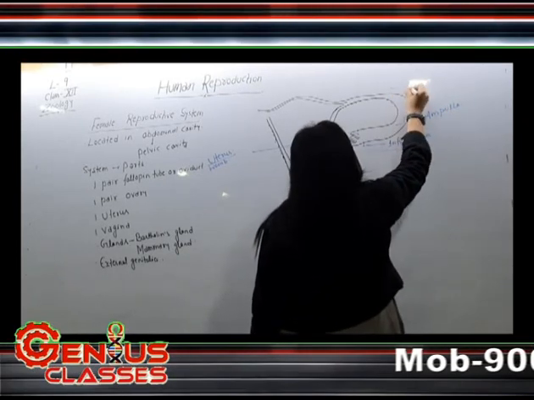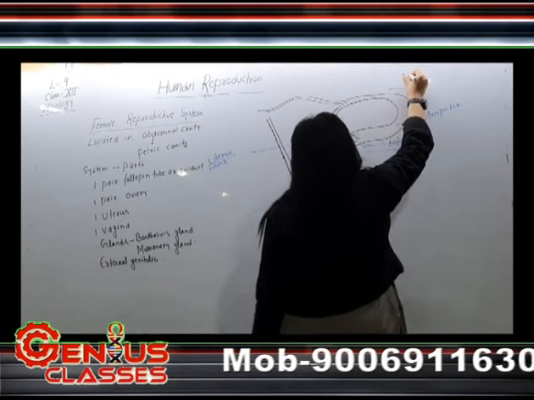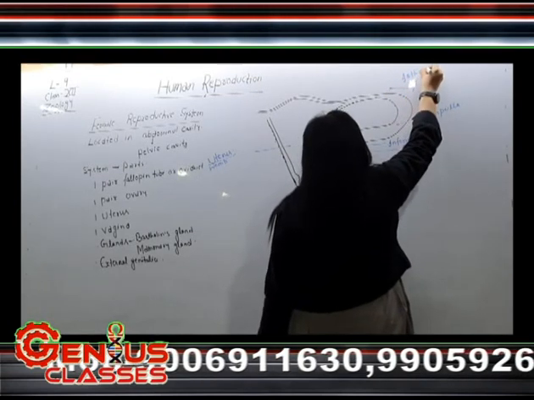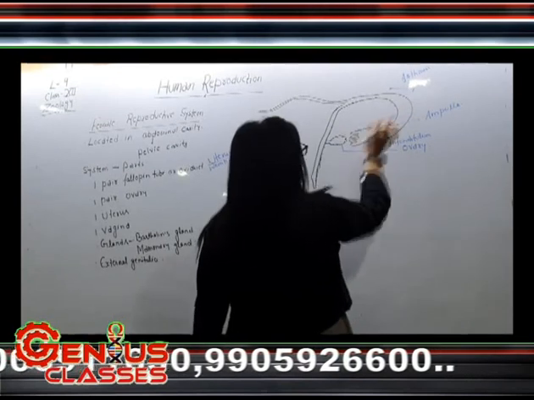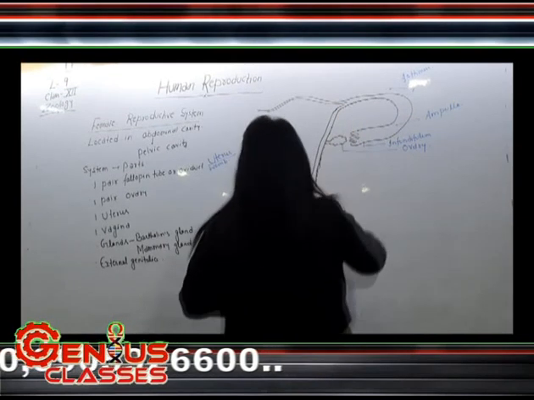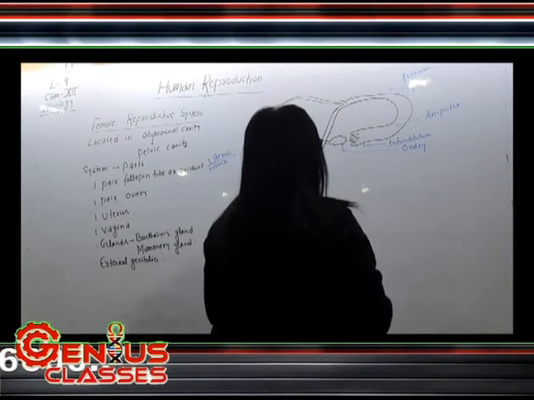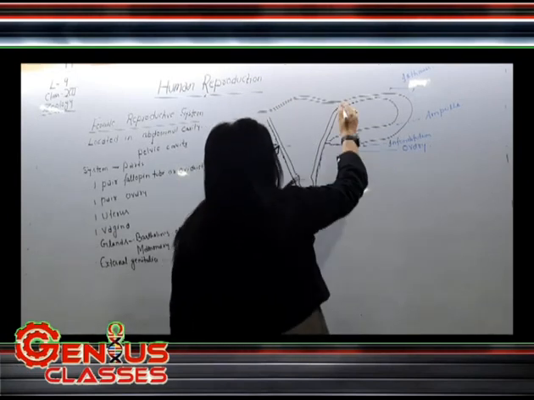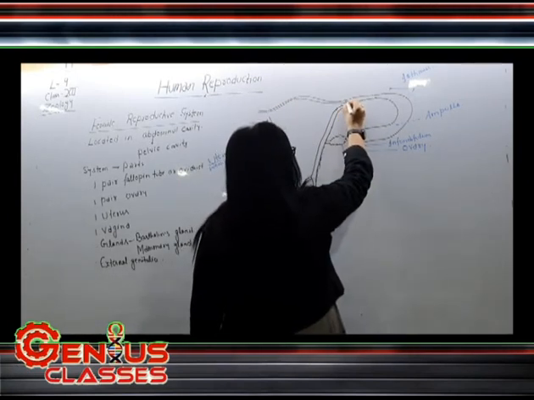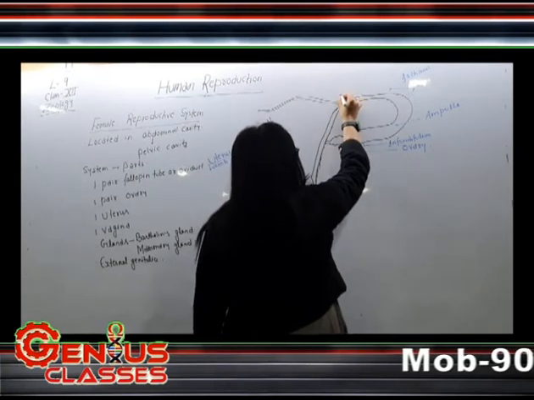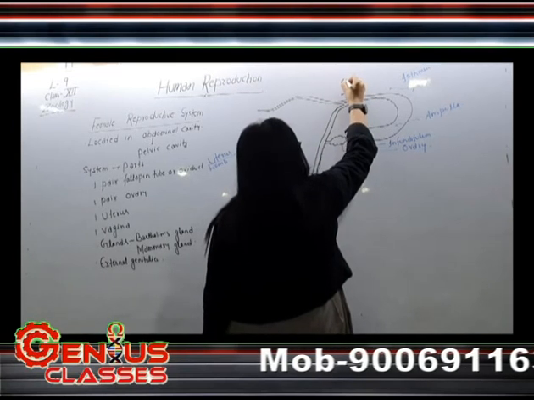This is the isthmus. And this part is called the cornua.